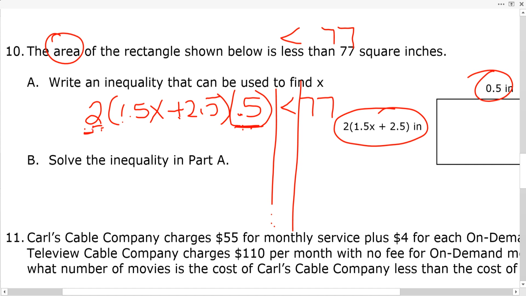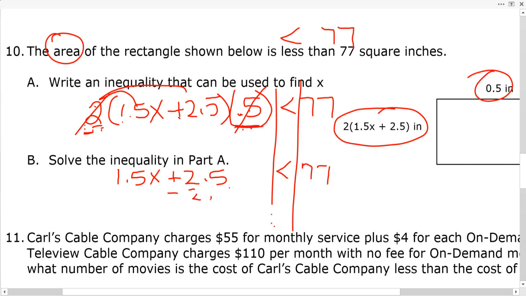I'm going to multiply by 2, and then I'm going to multiply by 1/2, which is dividing by 2. So these guys actually cancel each other out. And so before I start multiplying, I'm going to cross those out because they're going to cancel each other out, and I end up with 1.5x plus 2.5 is less than 77.